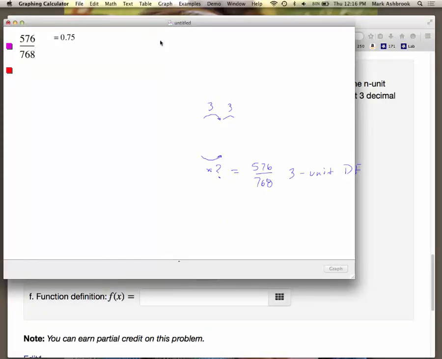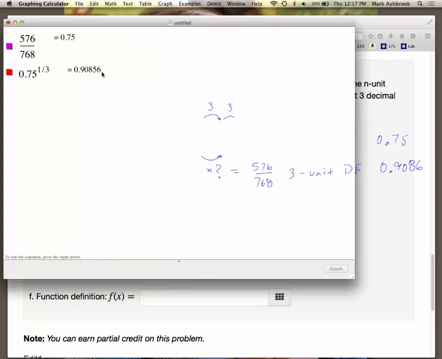Nice round number, 0.75, and then 0.75 to the 1/3 is 0.9086. So we got 0.75 and 0.9086. So this is our 1-unit decay factor.